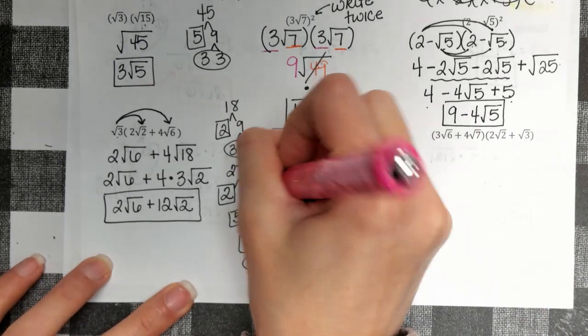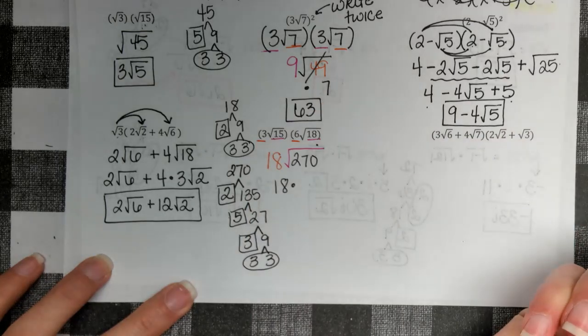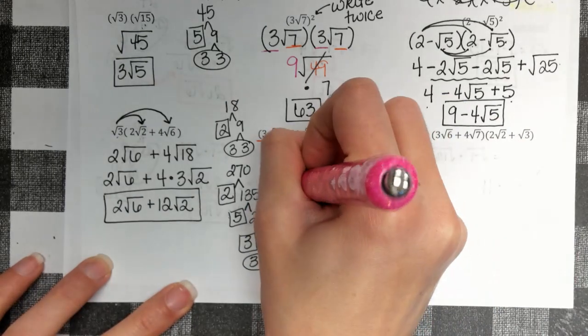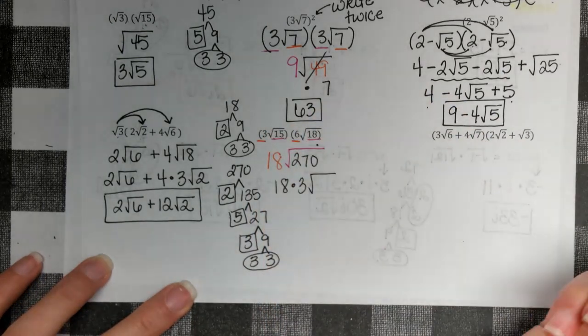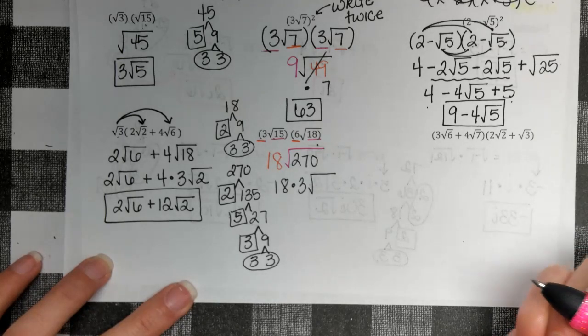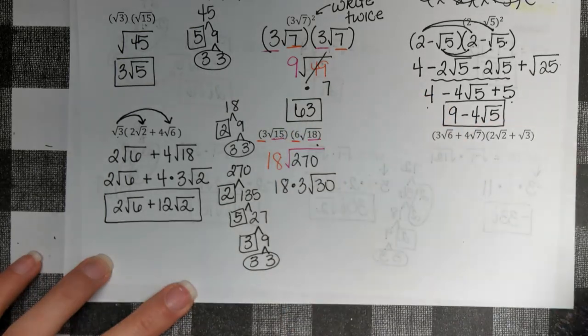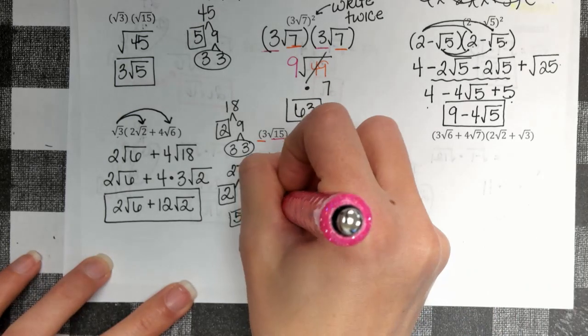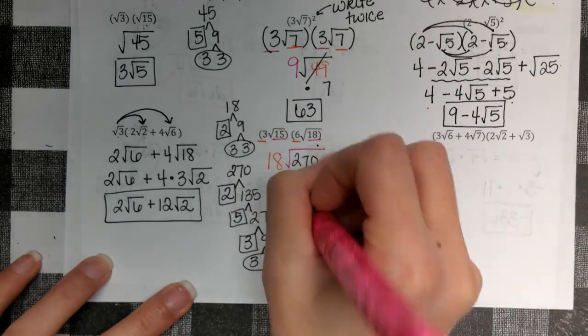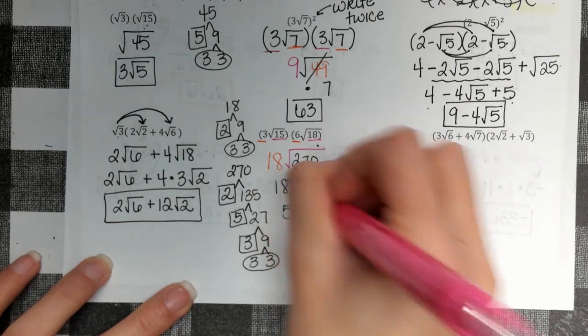So that would be 18 times 3 square root of 2 times 5 times 3 would give me 30. 18 times 3 is 54 square root of 30.